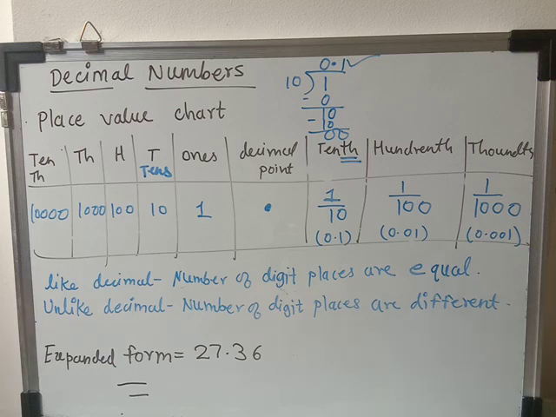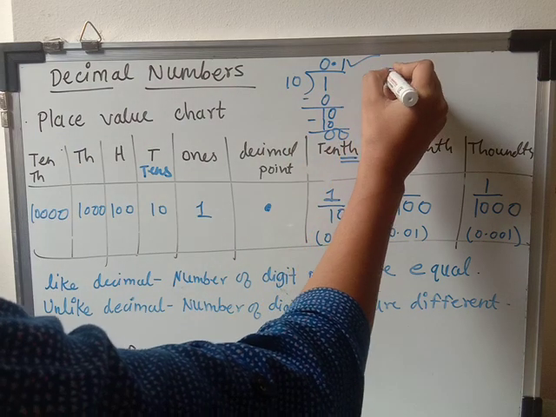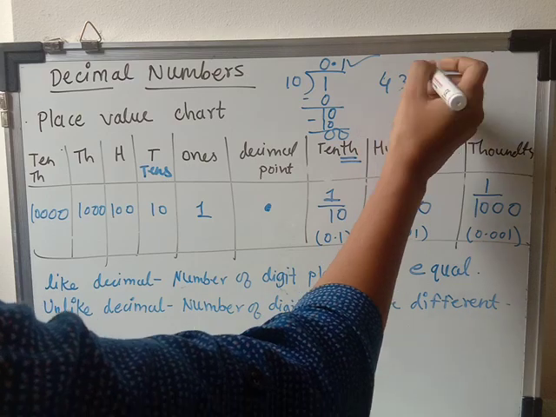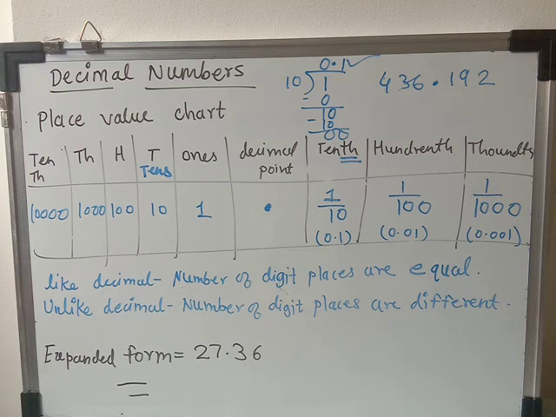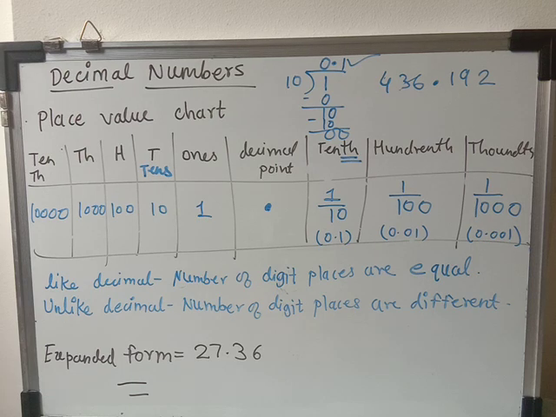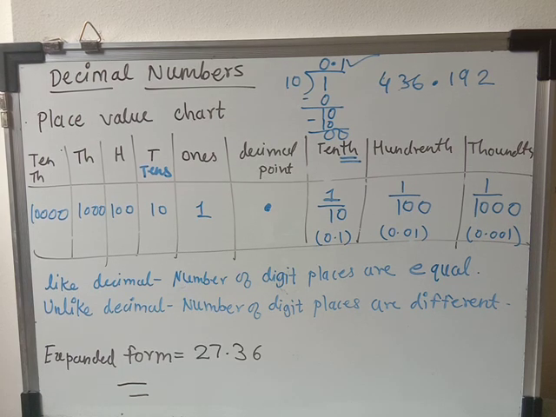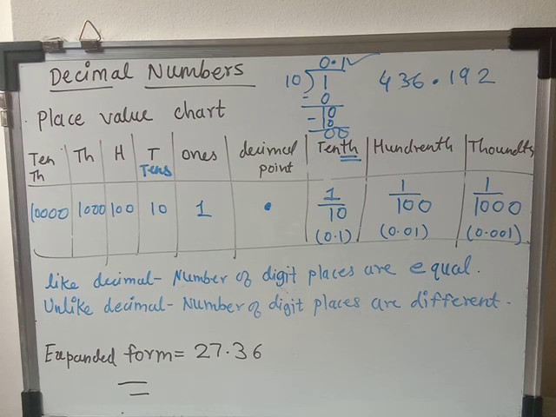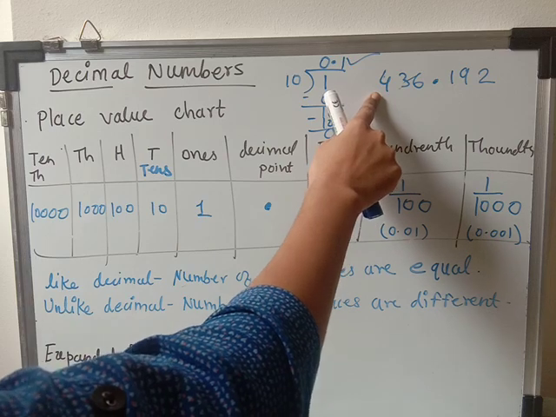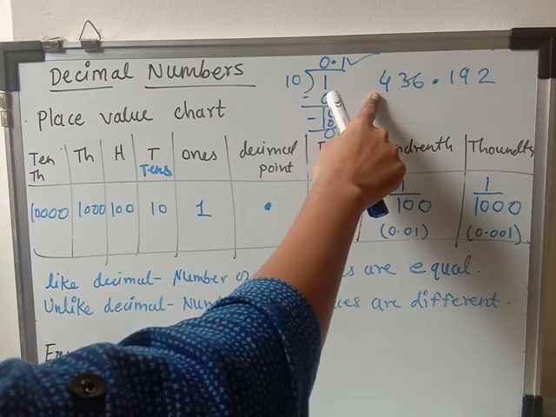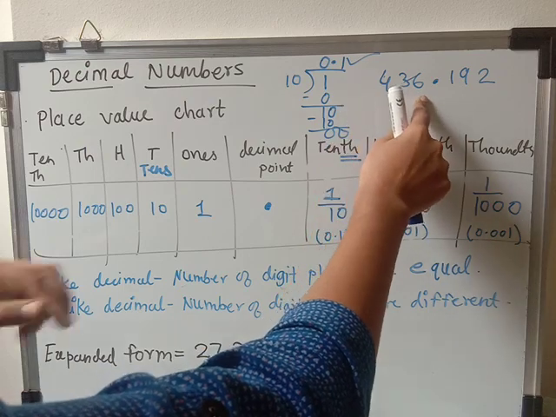Now one more important thing that I want to tell you. Suppose here I write 436.192. Most of the time we read the number as 436 point one hundred ninety-two. But in mathematical terms, the reading of a decimal is not the way we read it. Before the decimal, read the number like we read other numbers, like 436 point.